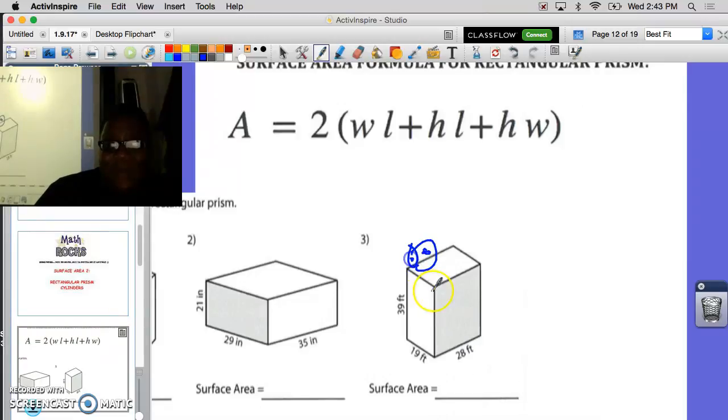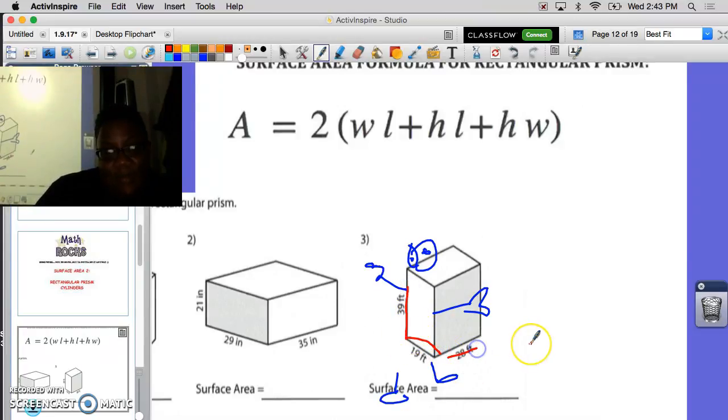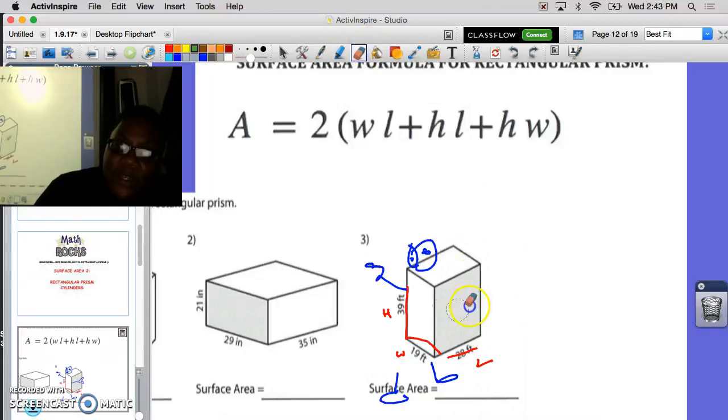So if we do this, we can see what our dimensions are. And now that would be width, height, length, right? So width, height, length.